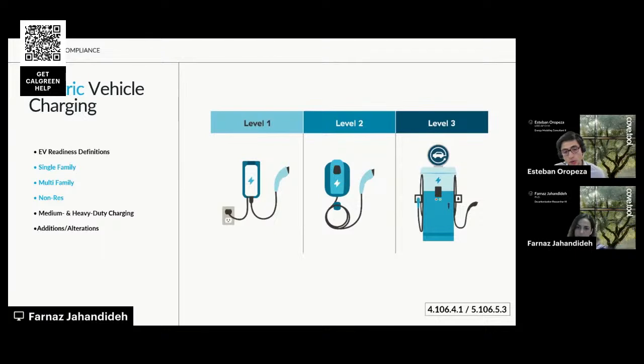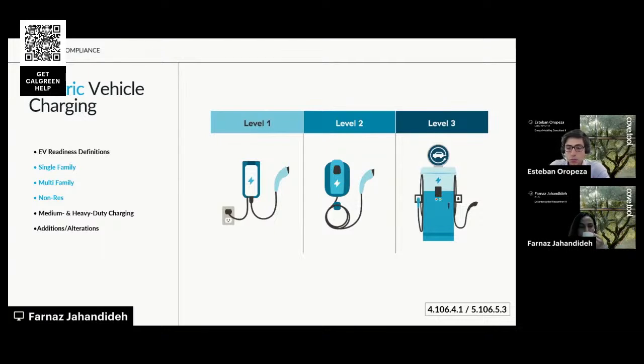Going to the non-residential building types, at least one level 2 supply equipment shall be provided. If, for example, your project is a community where people are going to have fast chargers, you can substitute and do a level 2. Or if you have one DC fast charger, it can be substituted for 5 level 2 chargers.